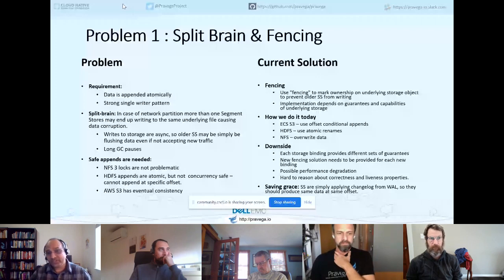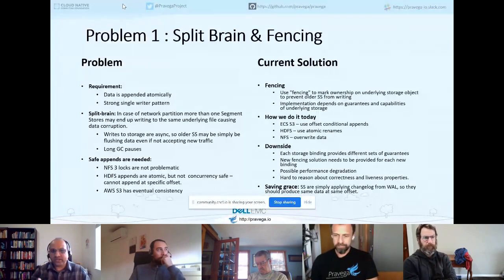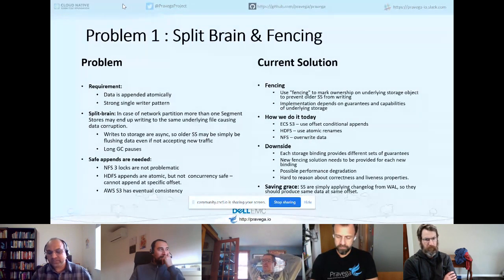AWS has a bigger problem. AWS S3 has eventual consistency. And the current solution, the current implementation, requires individual providers, by that I mean the NFS provider or S3 provider or HDFS provider, to solve that problem. So they might actually use some fencing logic, which becomes very complicated because each and every provider has to implement the logic for fencing and handling split brain scenarios based on what their primitives are.